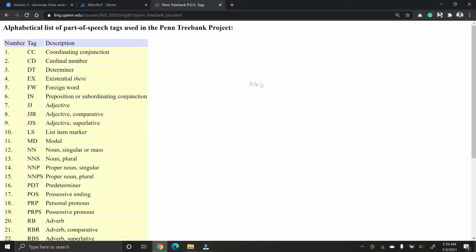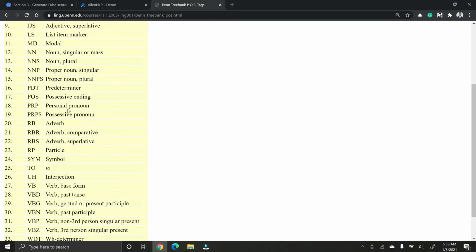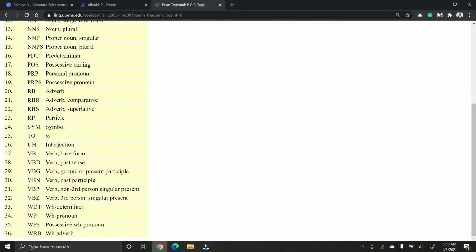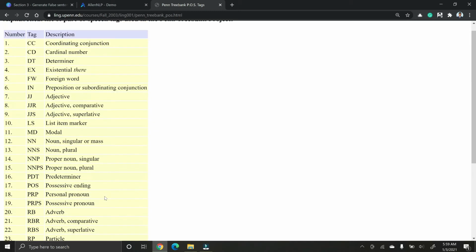If you go to the link provided, you will see all the expansions of what each one means. NN means singular noun, NNP means proper noun, NNS means plural noun, and again you have VBD, which is past tense verb, VBN is past participle, and all these things.